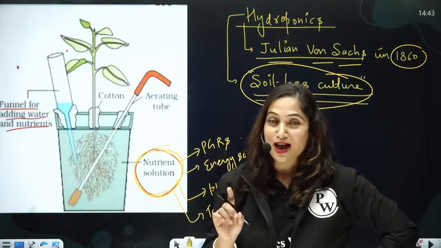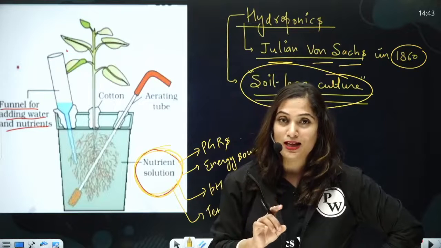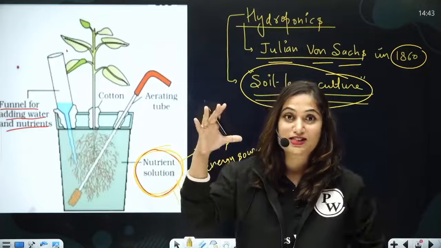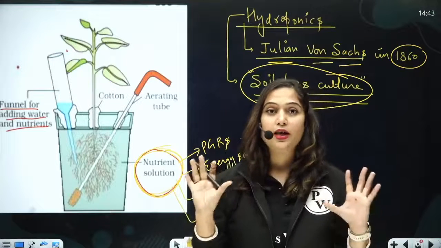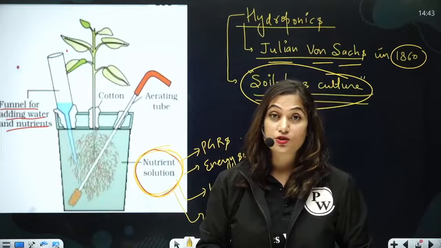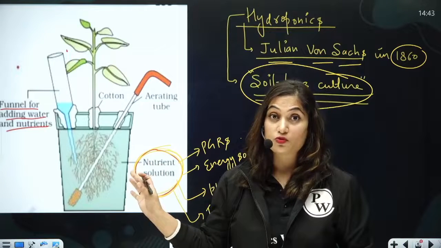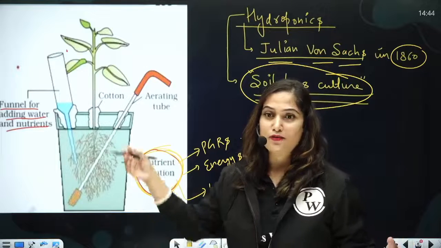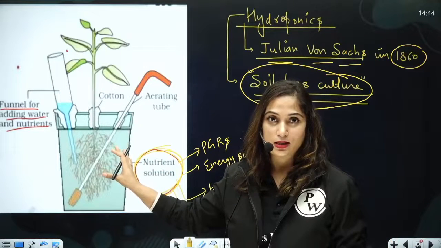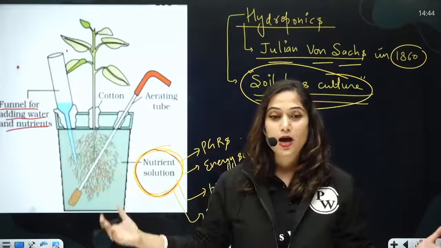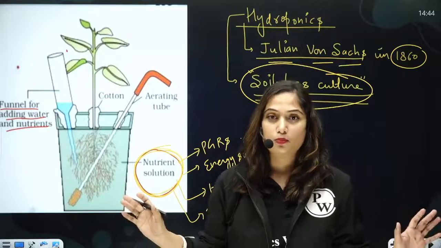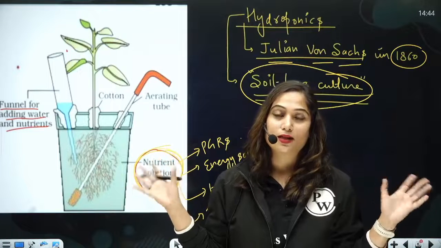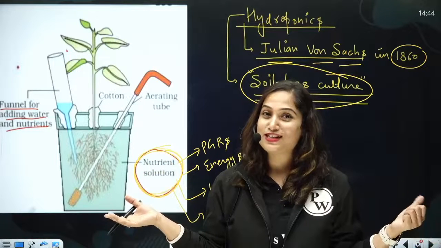So if the plant has some problem, like yellowing of the leaves or stunted growth, I will get to know, oh, magnesium is essential. Without magnesium, there are some problems which can be seen in the plant. And if, suppose for instance, I have not added strontium in the solution, and I am waiting for the plant to show some problem, no, the plant is growing like it's happy. It does not have any problem. That means strontium is not essential.